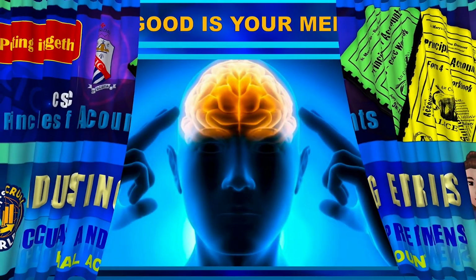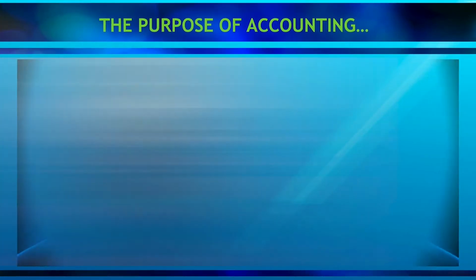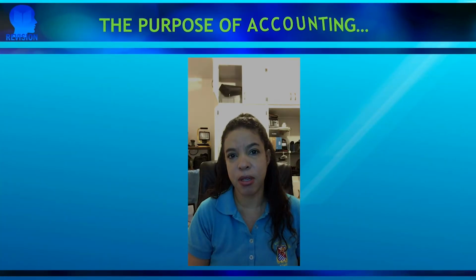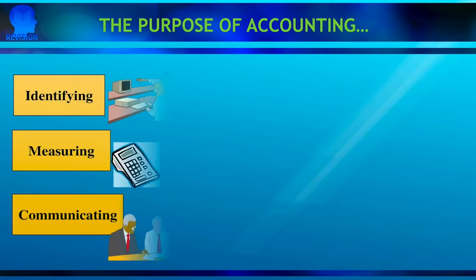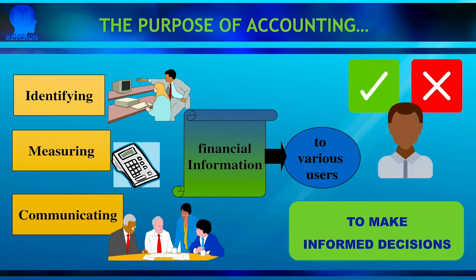So we will start with what you remember: what is the purpose of accounting? It is identifying, measuring, and communicating financial information to various users. But why? So that those users can use that information and make informed decisions. This is the main thing.